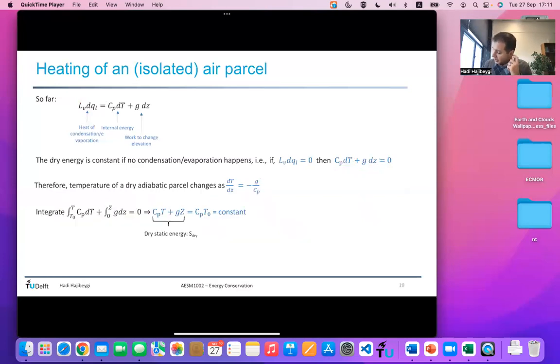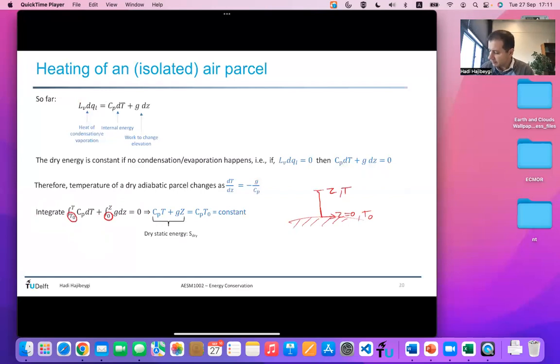Now I move on and say, let's start from T0, some reference temperature, which is happening at elevation 0. So I have an elevation reference that is Z is 0. Temperature there is also T0. And I climb to elevation Z, which has its own temperature.